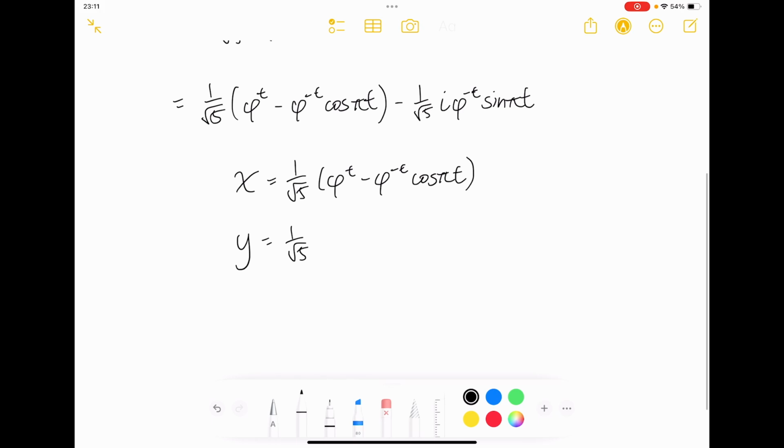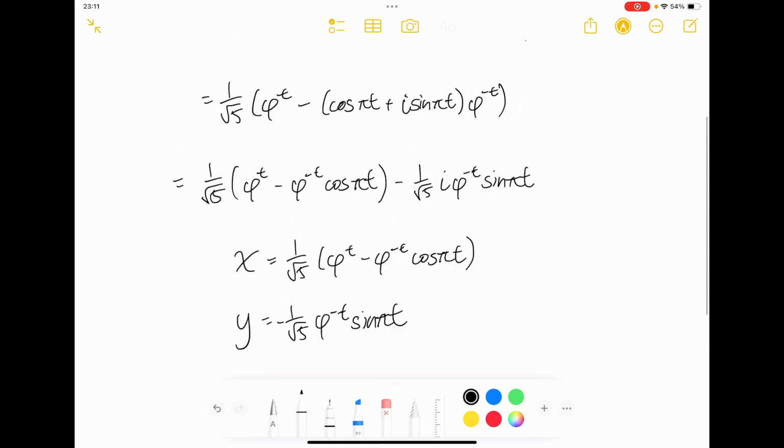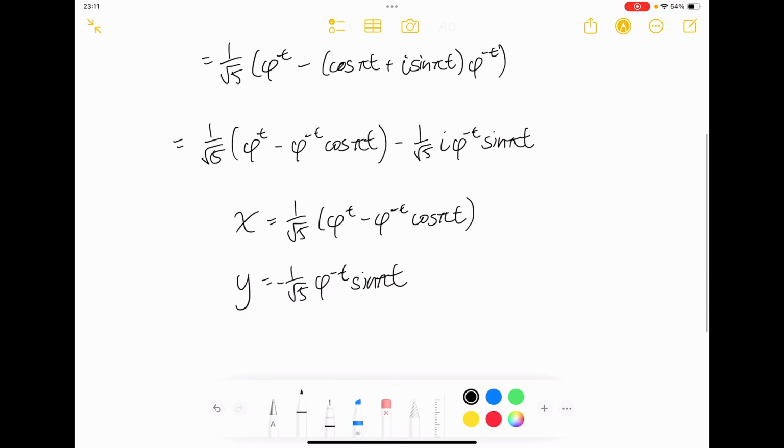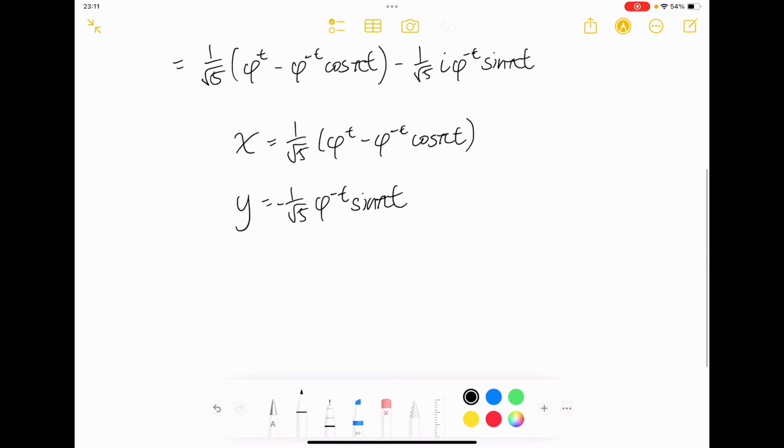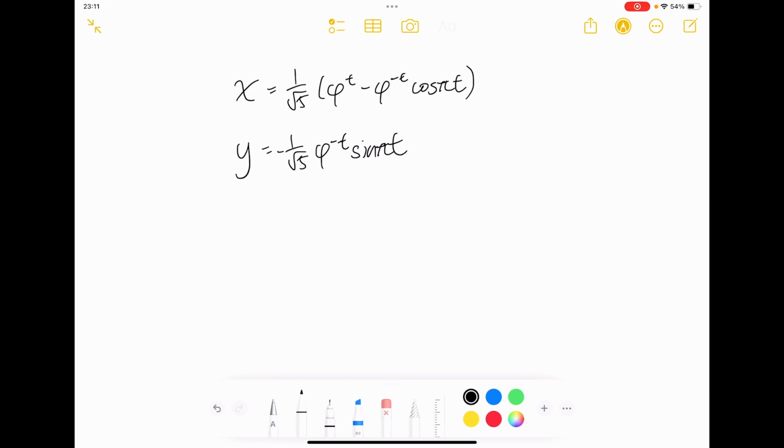So the imaginary component is going to be this. Great. And now that means we have a parametric equation for this curve. And to find the area of a parametric equation, you've probably seen these formulas before.